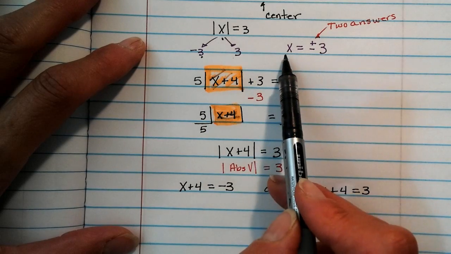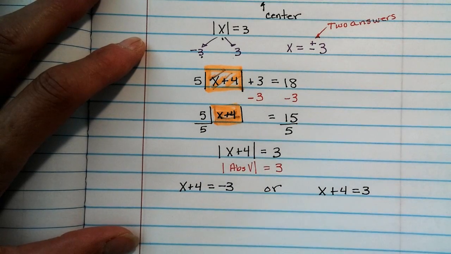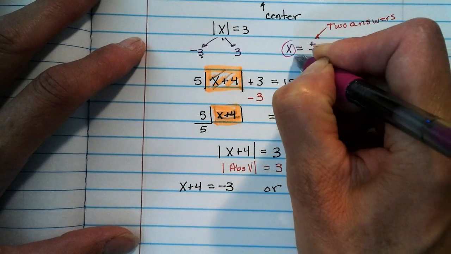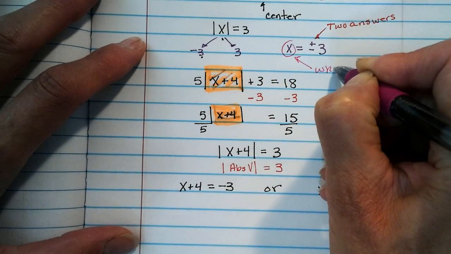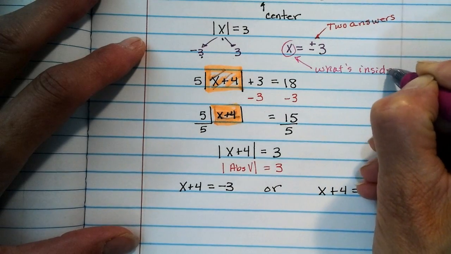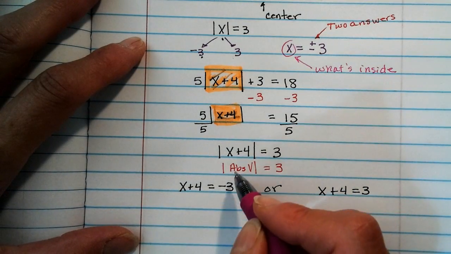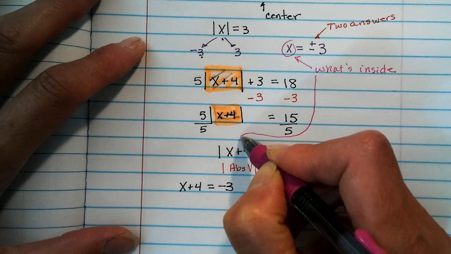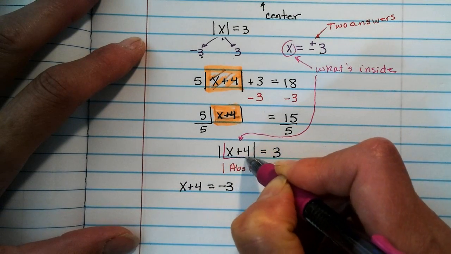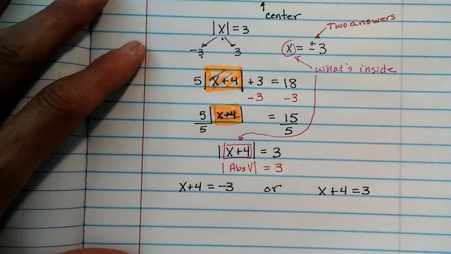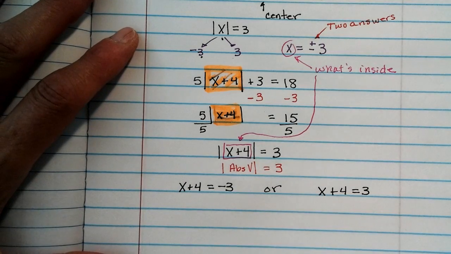What's inside, this is what's inside. So I'm just going to mark this. What's inside the absolute value. And this here is also what's inside the absolute value. Okay? So again, don't look at what it is, look at where it is.